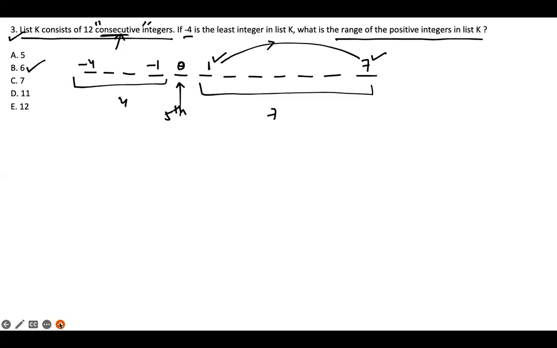Question number 3. Harsh, go for this question as well. S is the set that contains numbers in the form K minus n square. So numbers in this set are of the form K minus n square. Okay, some information on K and n.